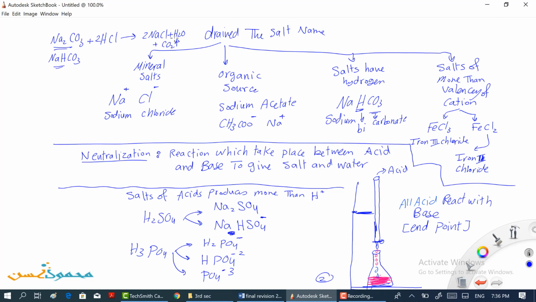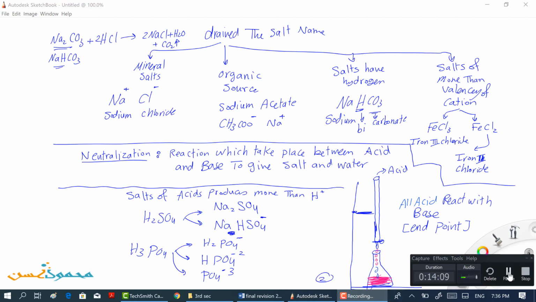Now we are going to talk about the classification of the salts, acidic or basic. How can we determine whether the salt we have is acidic or basic? Firstly, we must determine the classification of strong acid, weak acid, strong base, and weak base.